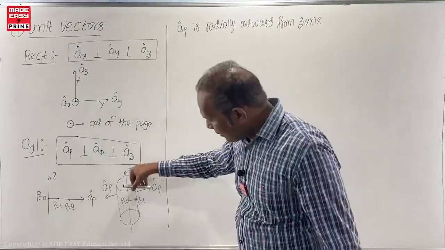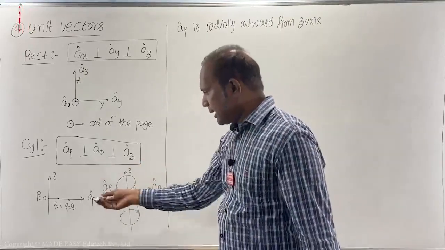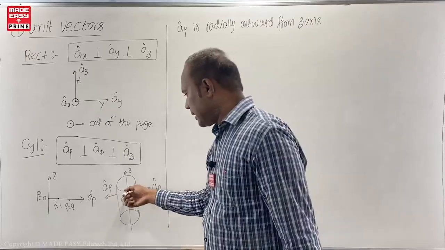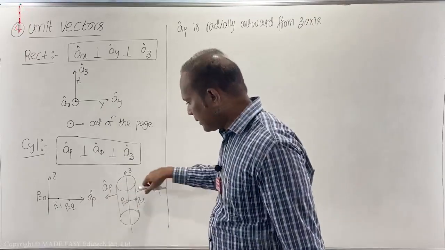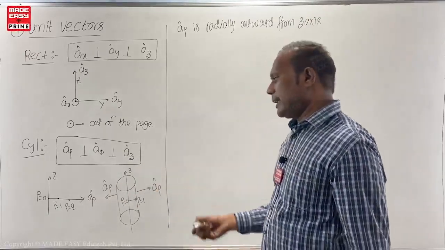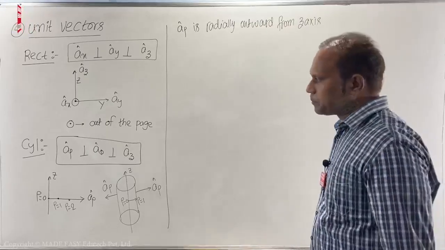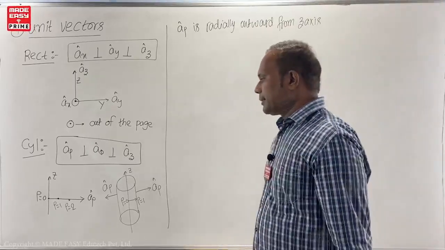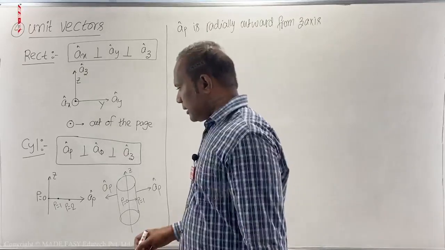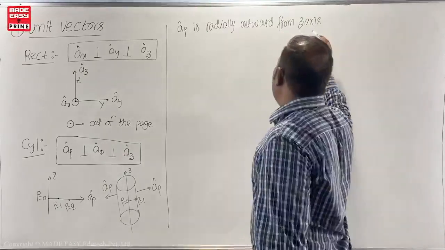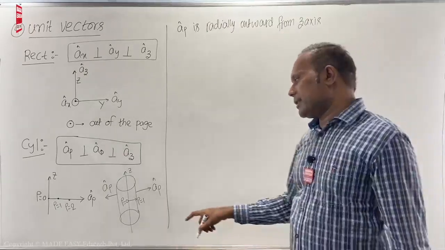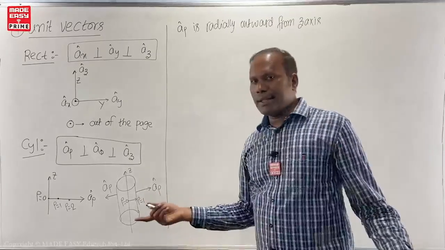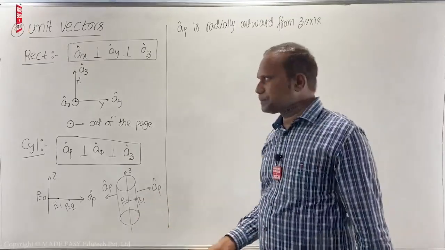That means you go away from z-axis in any direction, then that is a rho cap you get. So radially outward from z-axis, or otherwise radially outward from cylindrical surface, both are correct.